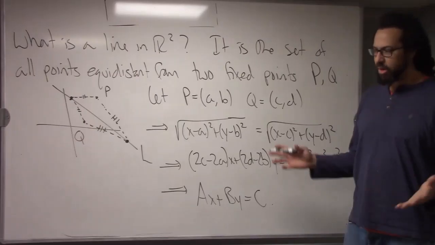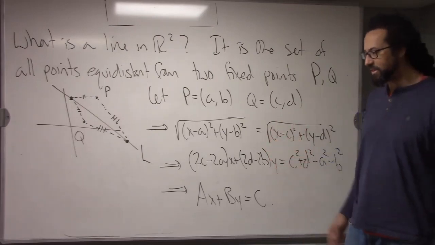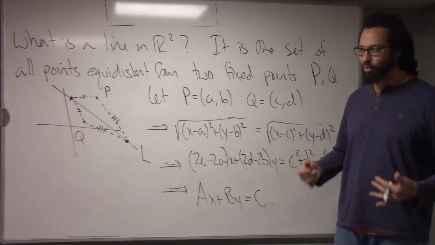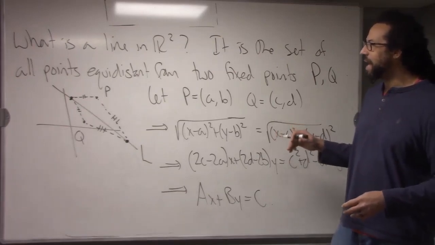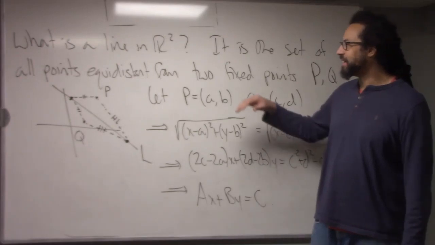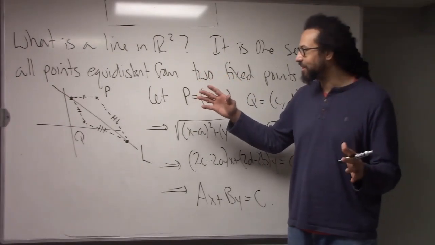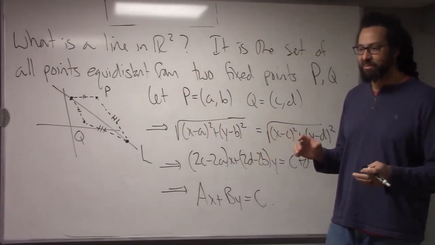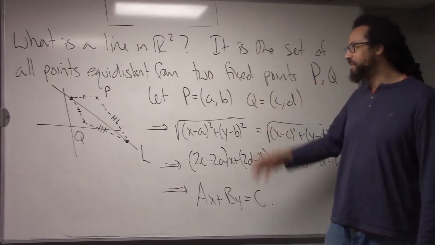Where did this equation ax plus by equals c come from? We say that equation describes a line in R2, but why is that the case? Well, when you study analytic geometry or algebra 2, you might see these conic sections, where you can get all these different shapes just from two stacked cones, and one of them is a line.